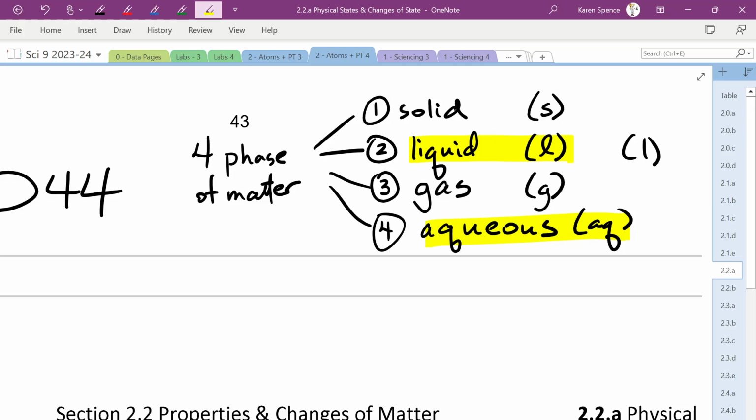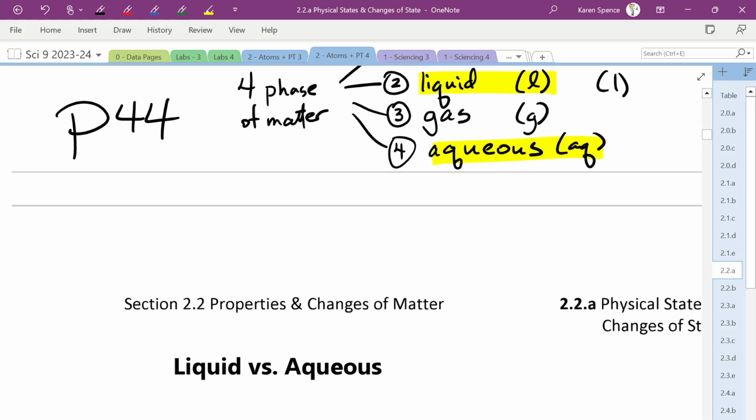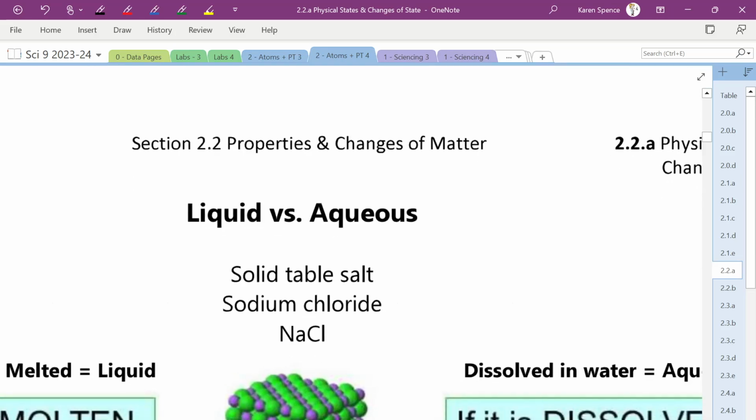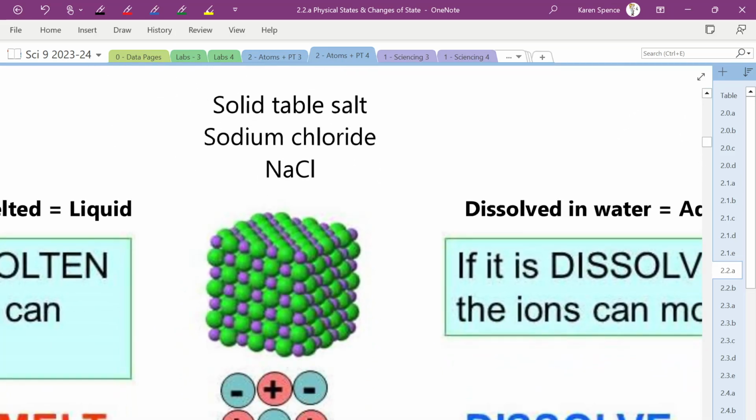Okay, let's take a look at this next page, because it shows what the difference is between liquid and aqueous. So here we are starting with some solid table salt, and table salt is sodium chloride. Why is it ide?